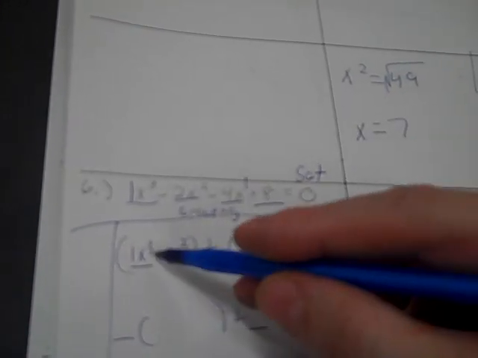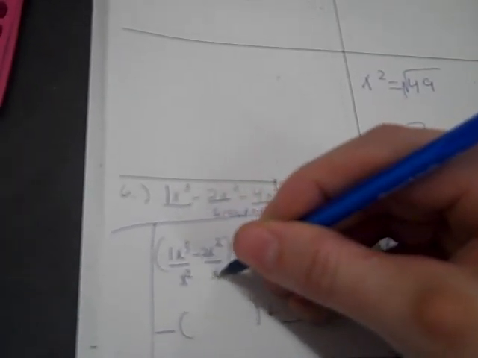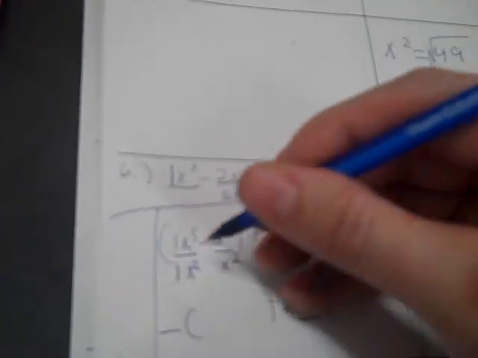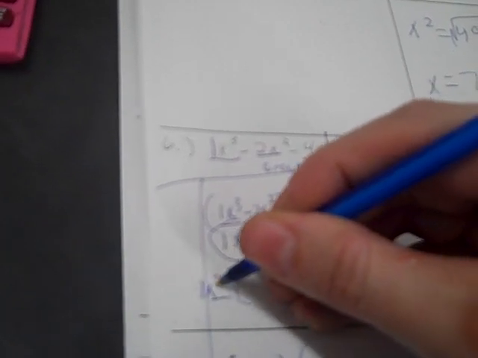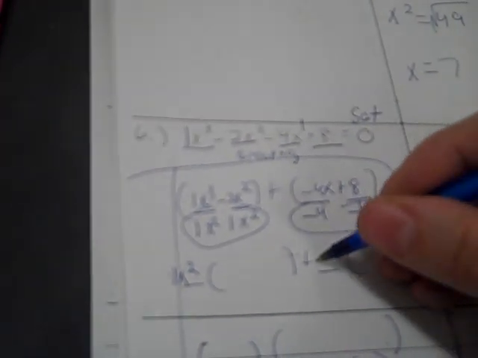Now for x, I have two x's here, and the last one's to the second, so I need x to the second. And I don't do x's here because the 8 is without x. Now the GCF of 1 and 2 would just be 1. And then let's talk about 4 and 8. I need to do a 4 in that. Now whatever I have under the line here, we put that out here: x, 1x second, and negative 4.